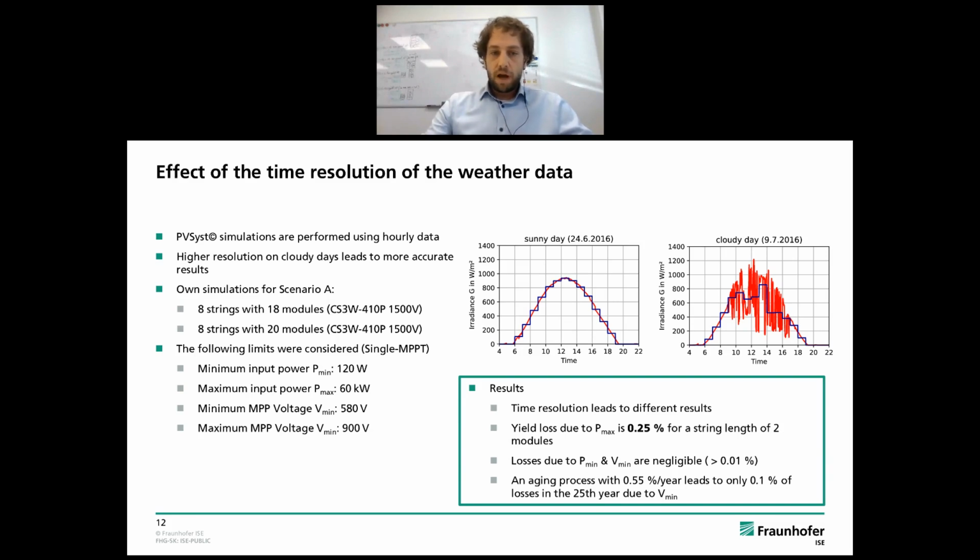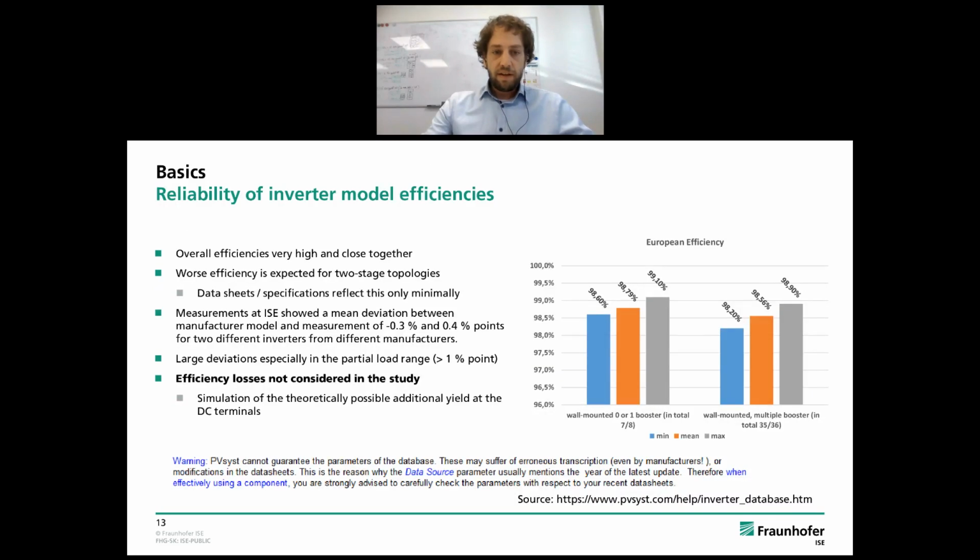So our conclusion was that PVSYST with our resolution can be used for analyzing this effect. And one additional remark before coming to results is that we excluded the efficiency losses of the inverter in our study.